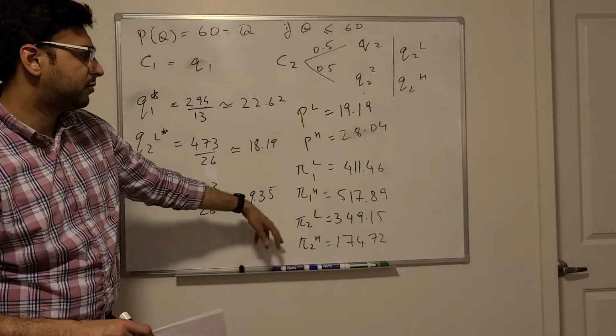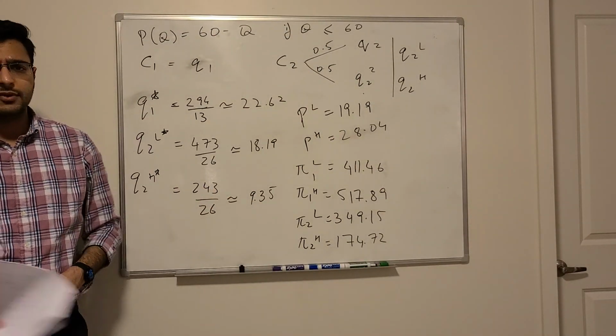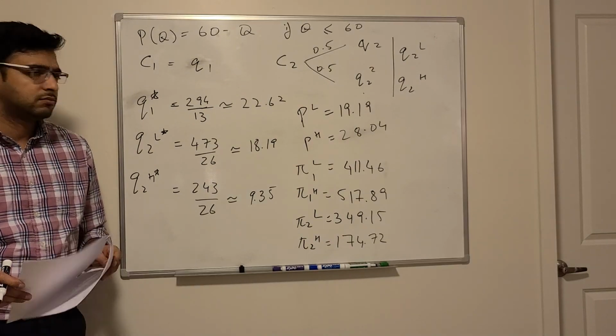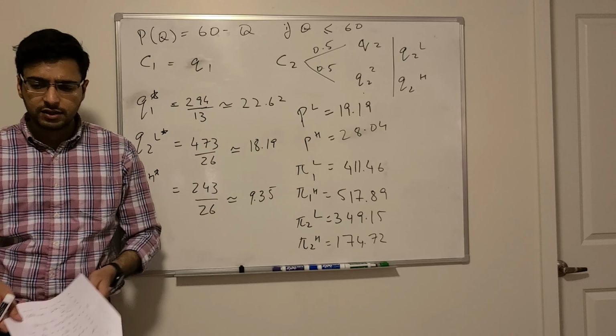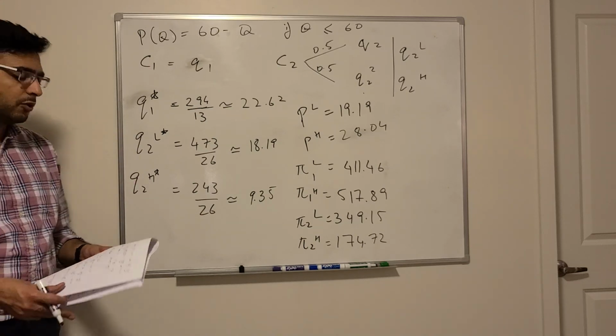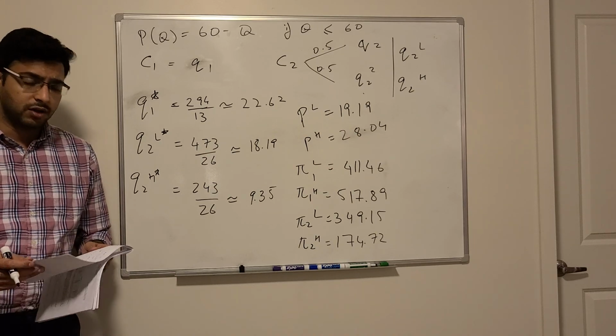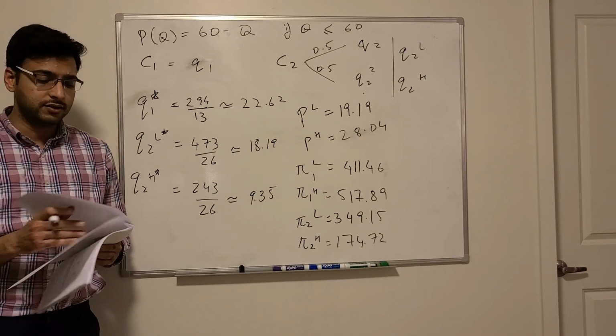Again, all of these are approximate. There were fractions, and most of them involved dividing by 13, so these are all approximations to 2 decimal points, which is what I want you guys to do in the final exam as well. Just approximate everything to 2 decimal points.